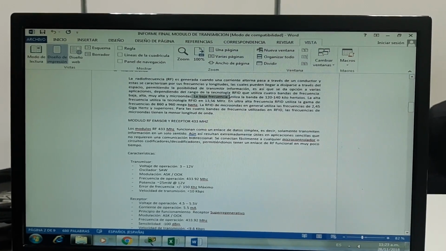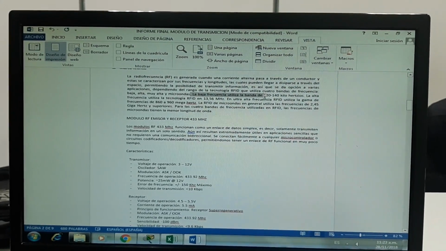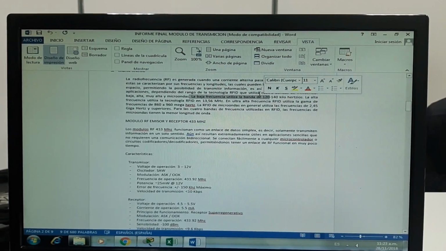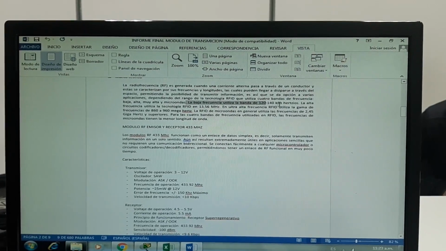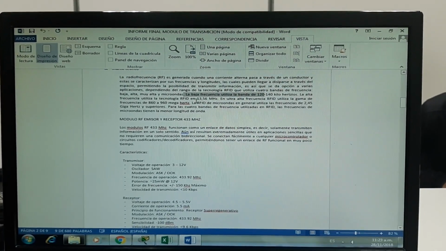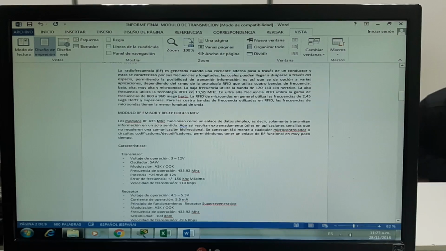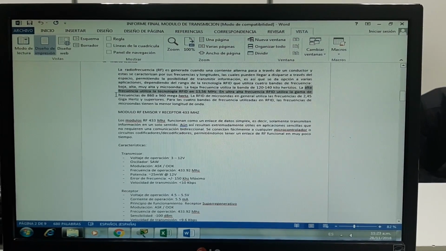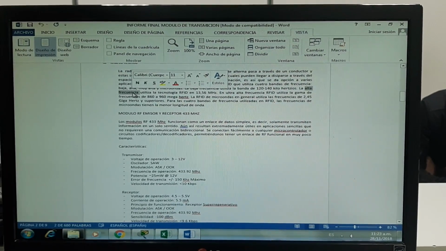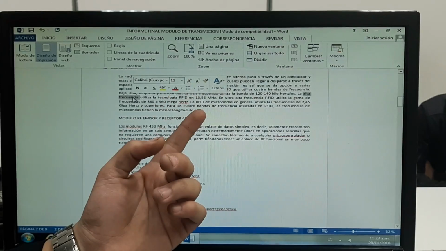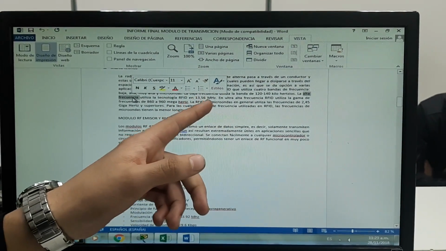the low frequency that uses between 120 and 140 kilohertz. Then we have high frequency that is over the 13.56 megahertz.